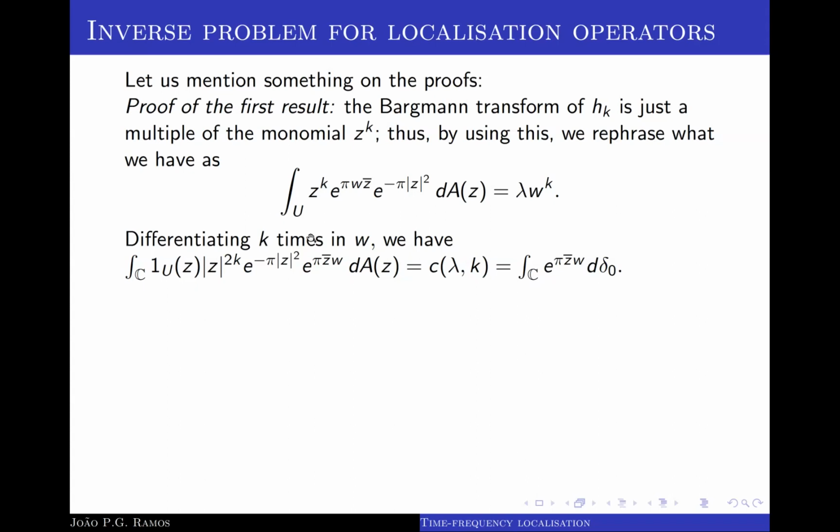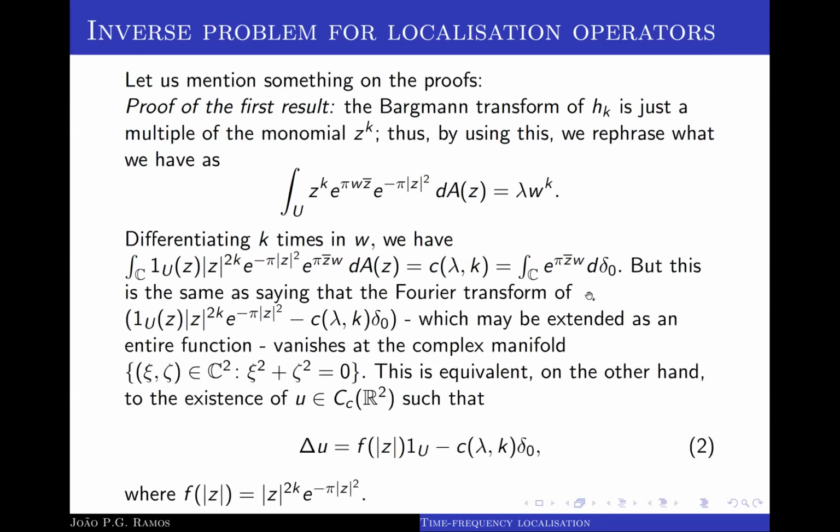If you differentiate k times in w, it's a nice trick, because you get rid of the z to the k factor here, and you get rid of this w to the k on the right hand side. You just get a measure. The integral of the indicator of U against this measure with this kind of Fourier transform factor is equal to a constant.